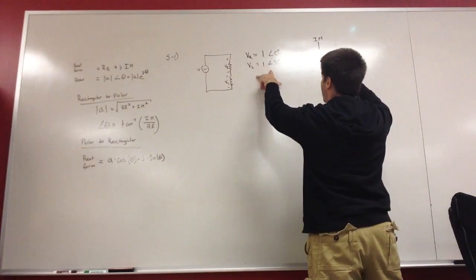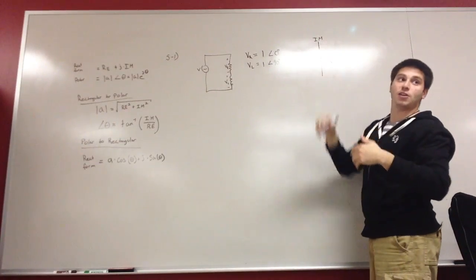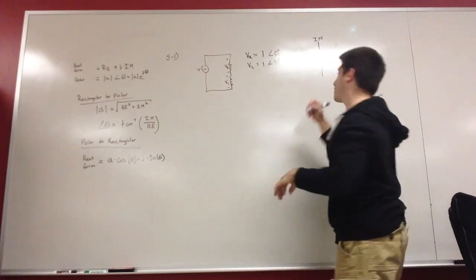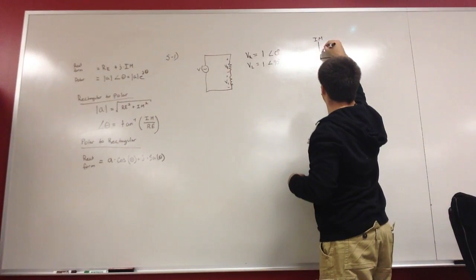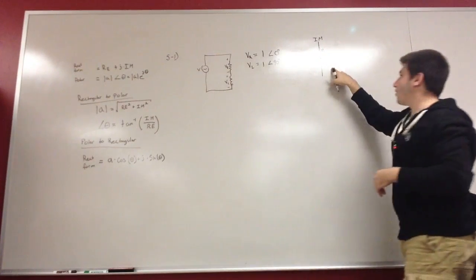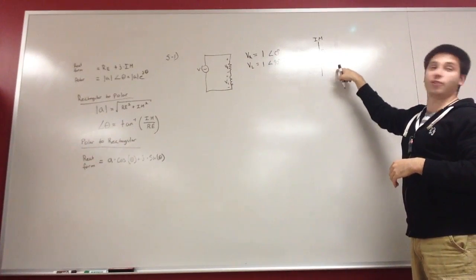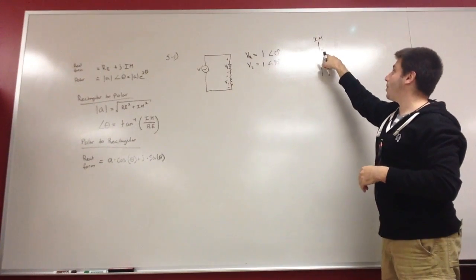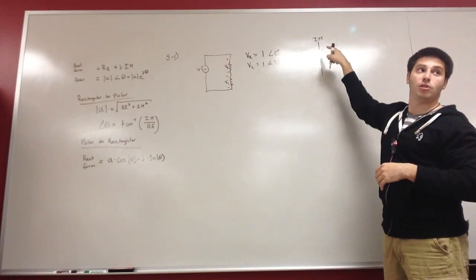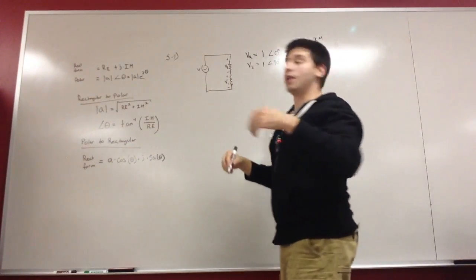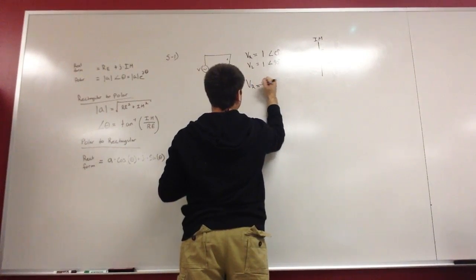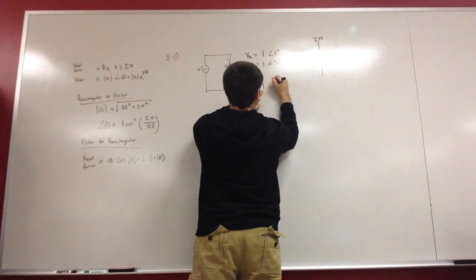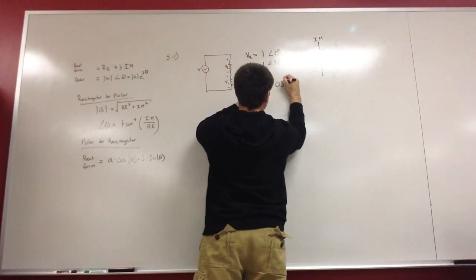We also have V sub L, which is at 90 degrees, and it only is contained in the imaginary axis. So just visually, we can see that VR only has a real component, and V sub L only has an imaginary component. So if we want to put this into rectangular form, VR is going to be equal to 1 plus 0j.